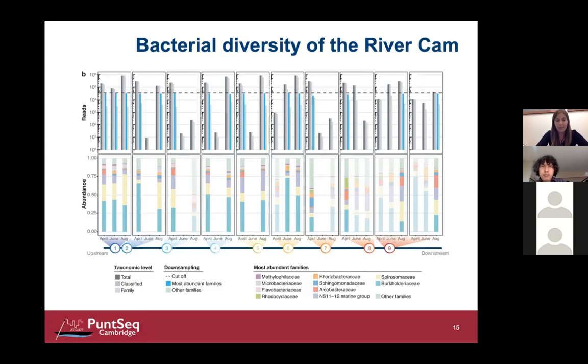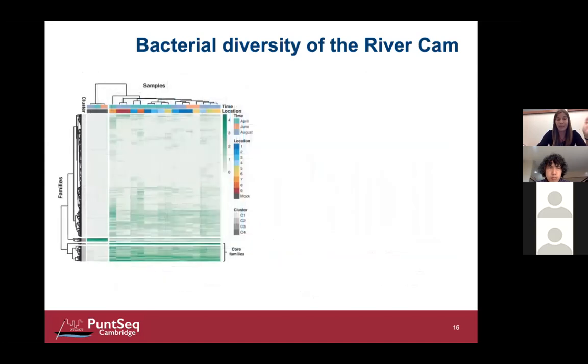To look at this a bit differently, we took the relative bacterial compositions across the samples and the different families and plotted them as a heat map, which you see here. So we have the different samples up here and the different families of bacteria here. What you see is that we have sort of 4 different blocks.